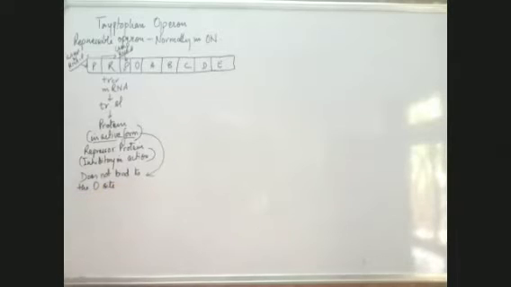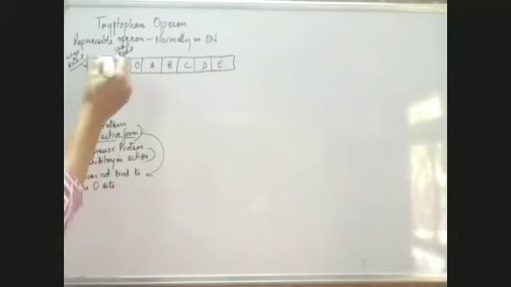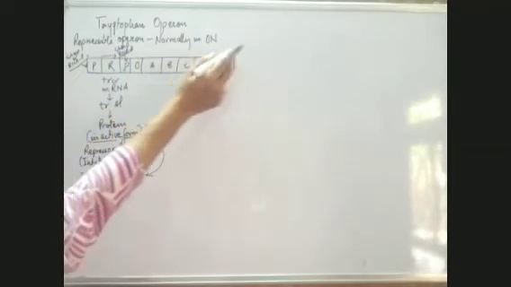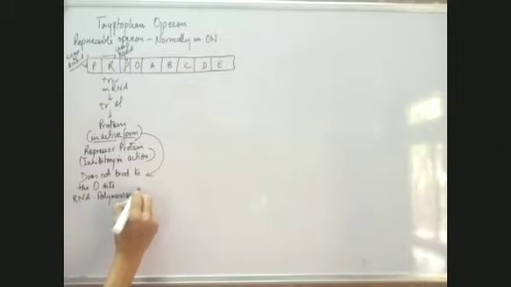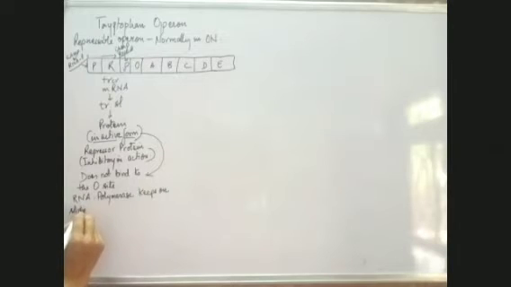So when it does not bind over the O site, what will happen? The RNA polymerase will slide over the structural genes.